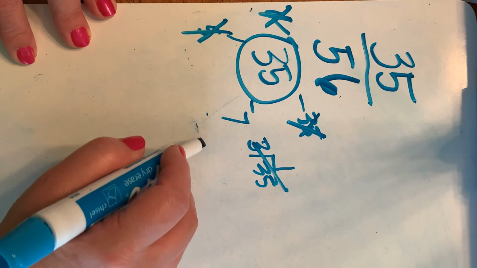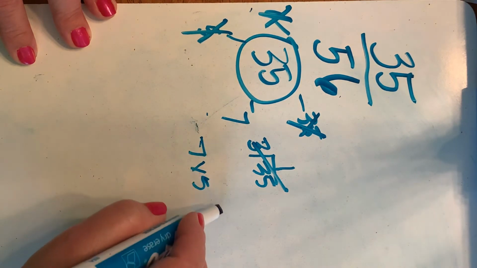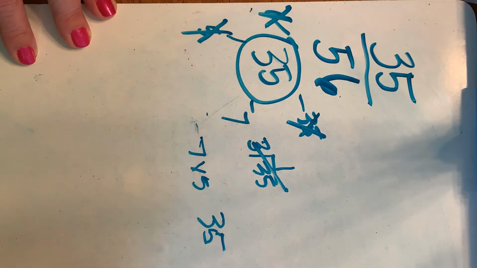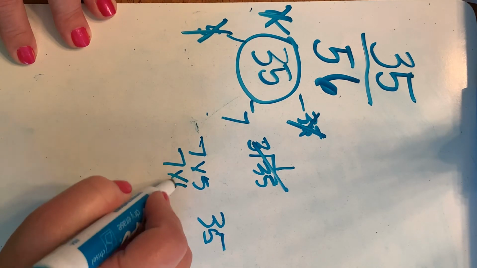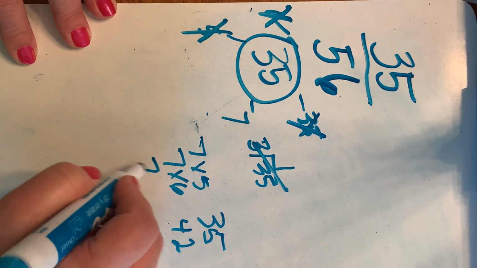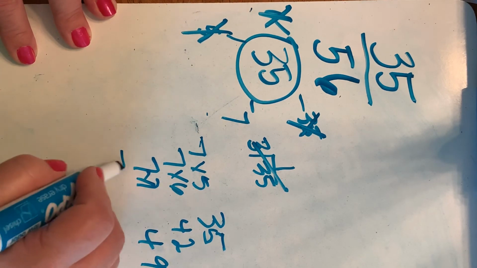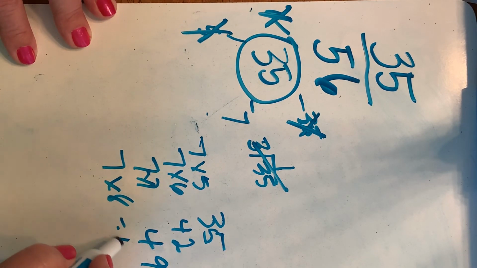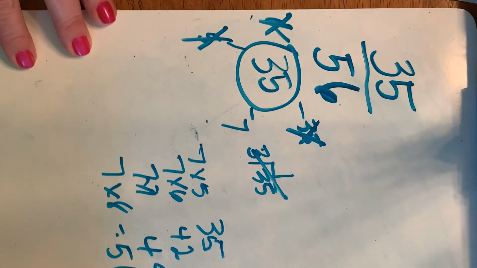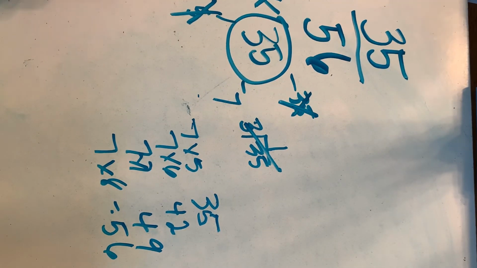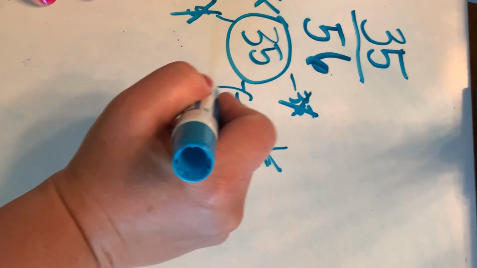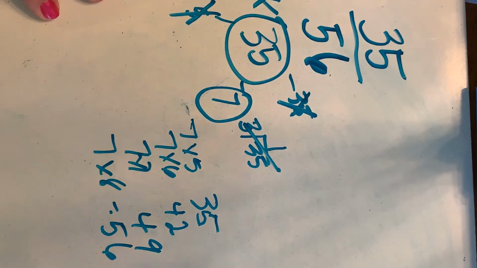Okay, let's look. I know that 7 times 5 is 35. And 7 times 6 is 42. And 7 times 7 is 49. I'm getting way off. 7 times 8 is what? Yeah, 56. Do you see that? So we know now that our greatest common factor is 7.